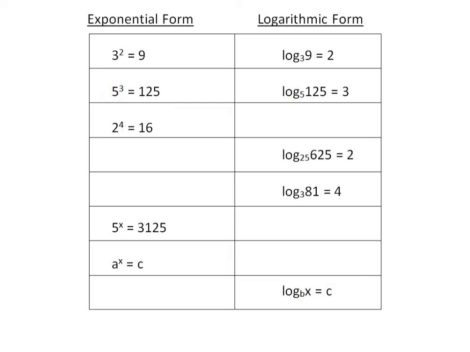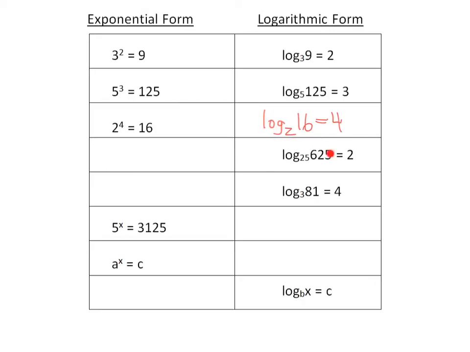So log base 5 of this number right here is equal to our exponent, which is 3. So let's do this one now. 2 to the fourth power equals 16. So log, the base of the power right here, the base is 2, of the number, which is 16, is equal to the exponent, which is 4.